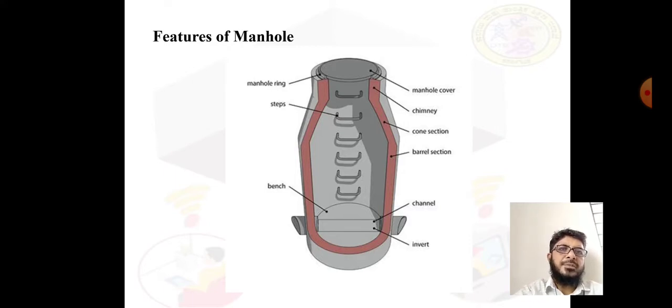The enlarged section is called a cone section, and we have the barrel section next to the cone section. There are steel steps provided, small rings that act as ladders to go down and up. Then at the bottom a benching will be done. Then sewers will be connected to that, and sewers are sloped.